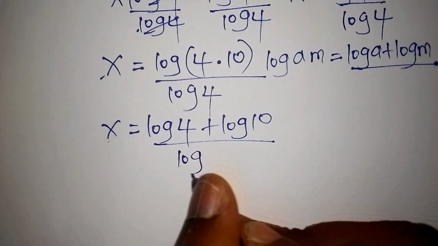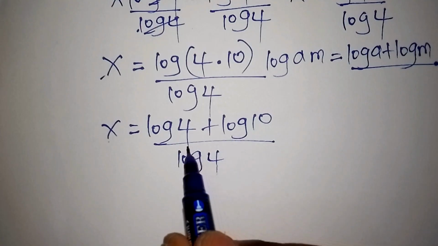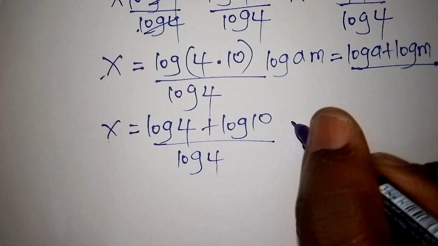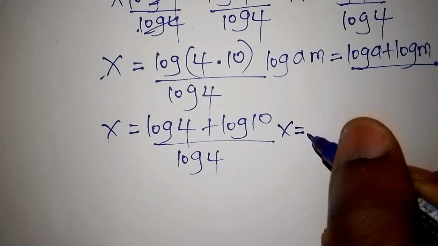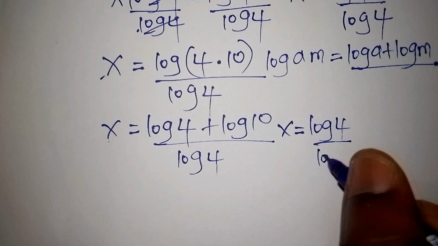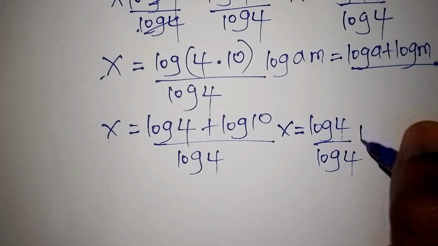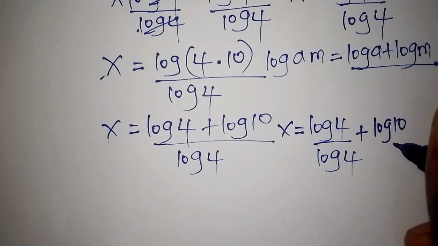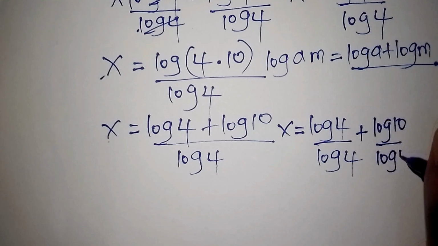So that means we shall now divide both sides by the log of 4. So x is equal to the log of 4 all over the log of 4, plus the log of 10 all over the log of 4.